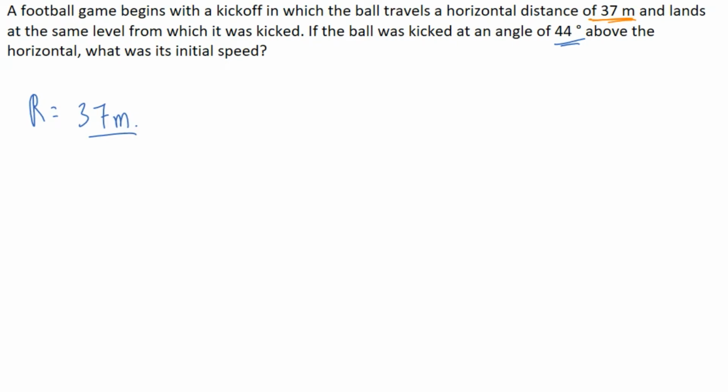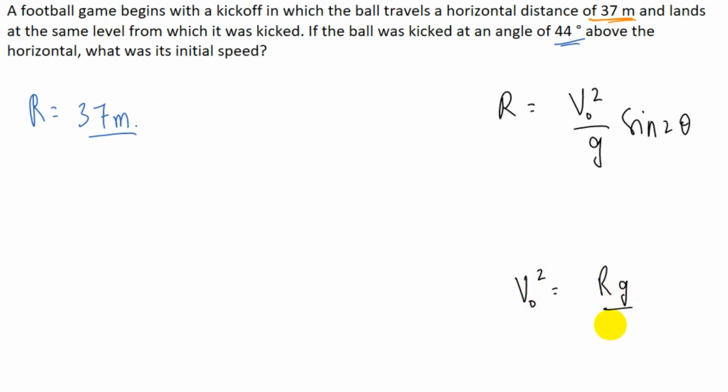So we have already obtained the expression for range, which is R equals V0 squared over G times sine 2 theta. And from here we can write that V0 squared equals RG over sine 2 theta, and this square would become under root here. So V0 is the initial speed, so we can use this expression to find the answer.